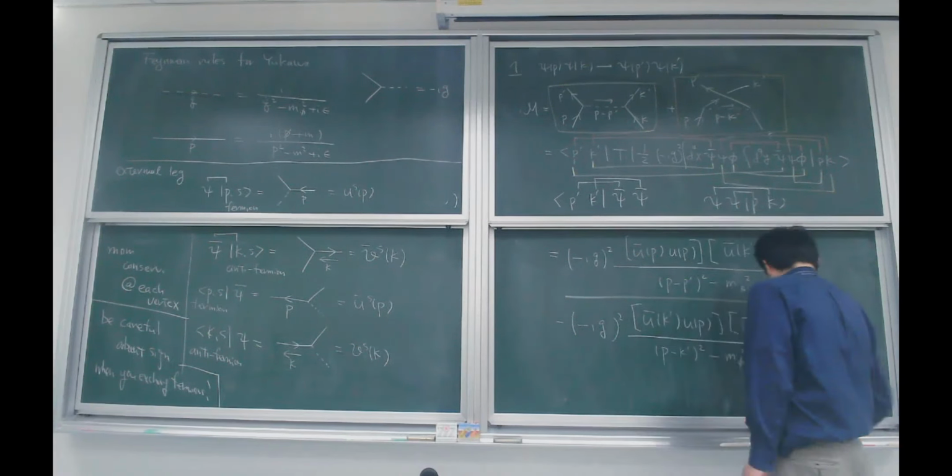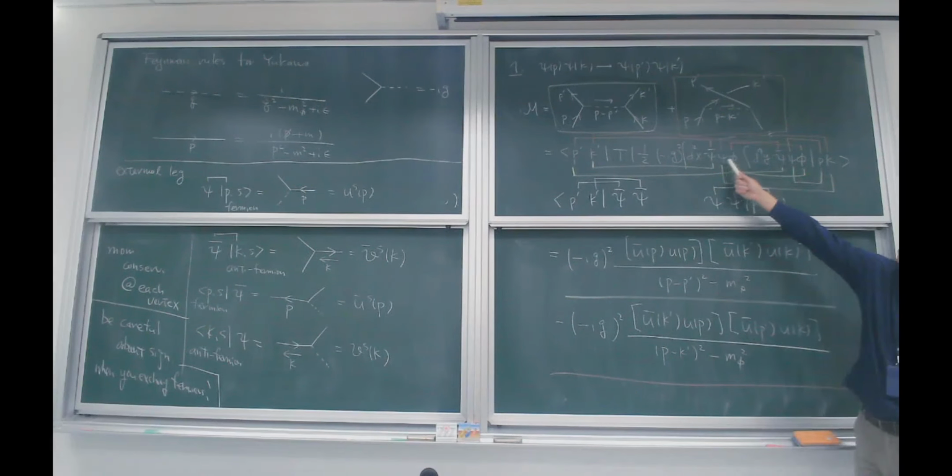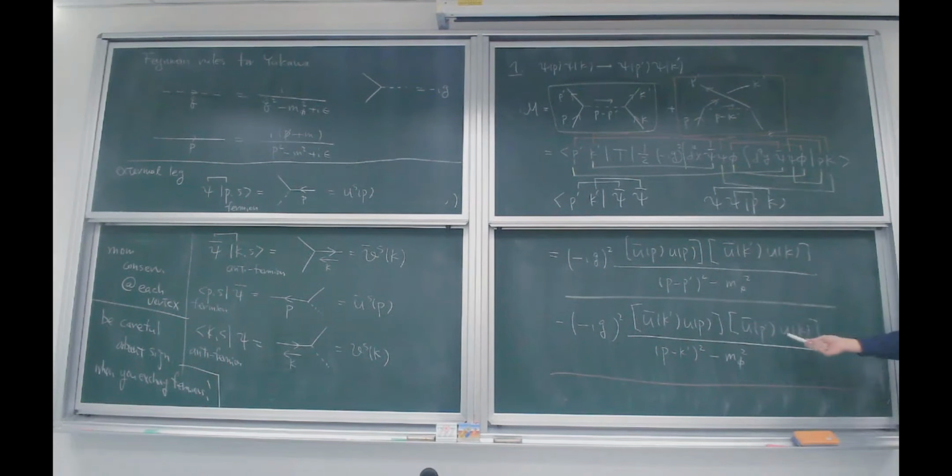Do you understand the rule? This is a very important part of the Feynman diagram. So this guy will give you the first term, and then this guy will give you the second term. Psi is contracted by k, so therefore u k, and psi bar is contracted by p prime, so therefore u bar p prime.